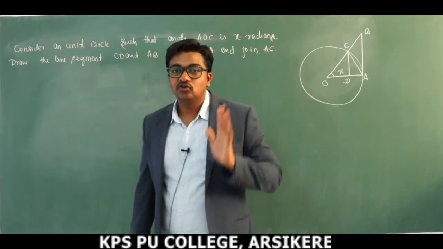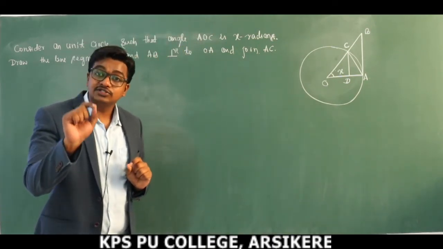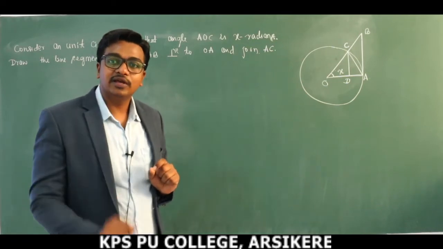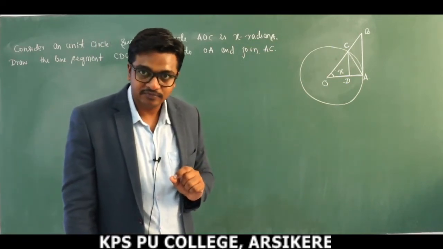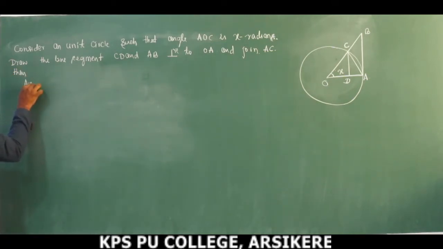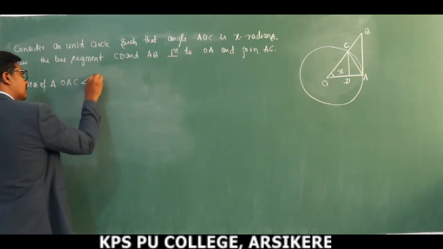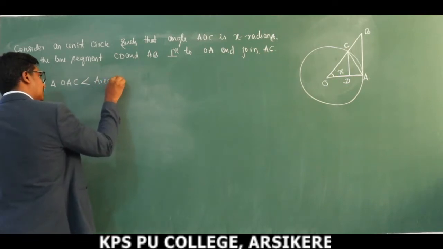So using this concept we will prove this result. What was the result? The limit as x tends to 0 of sin x divided by x is equal to 1. So what we conclude here: the area of the first triangle OAC is less than the area of the sector.